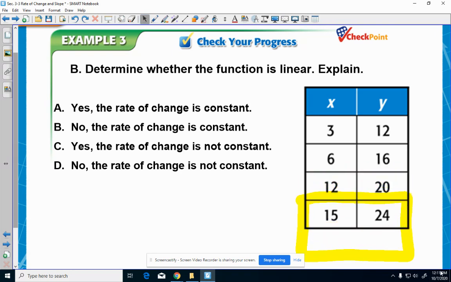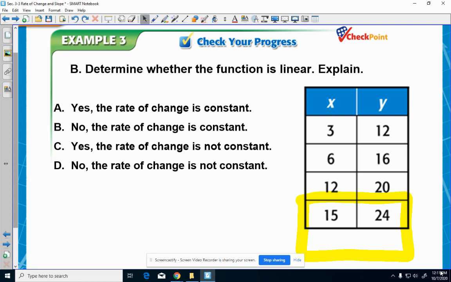Would you be able to tell me what the next ordered pair is? Okay. 18 and 28. Could be. Good. We don't know what it could be. We saw a change of 4 over 3, then 4 over 6, then 4 over 3.